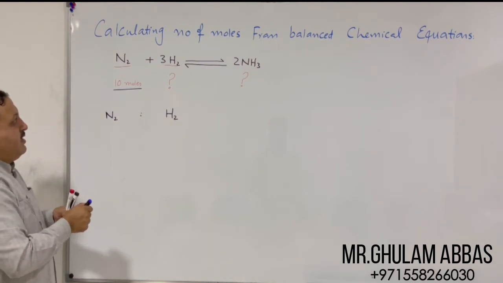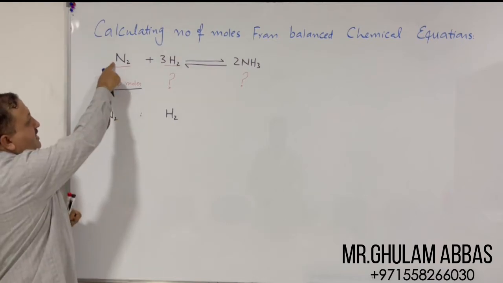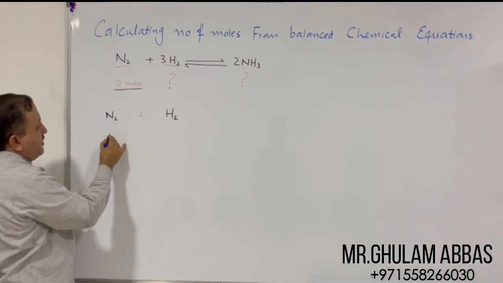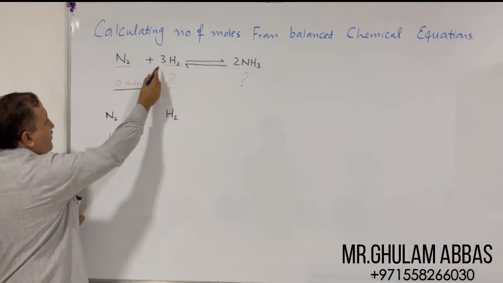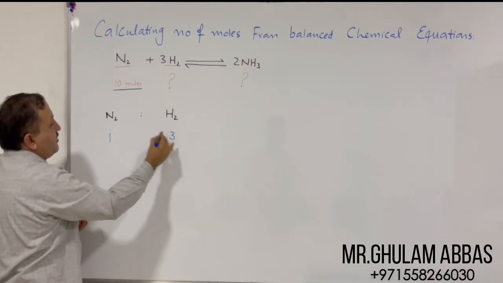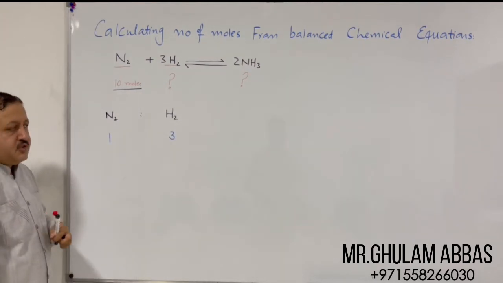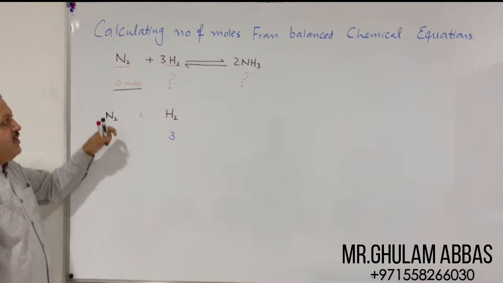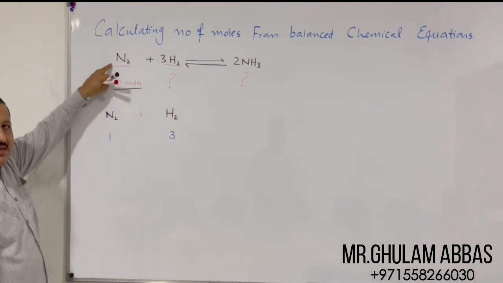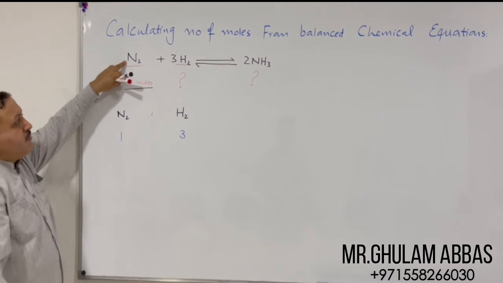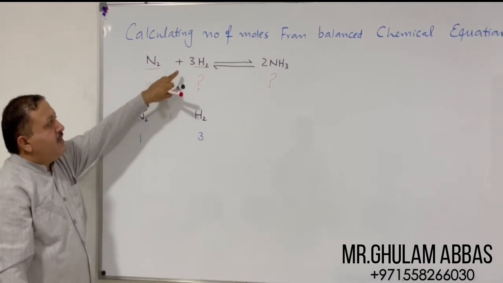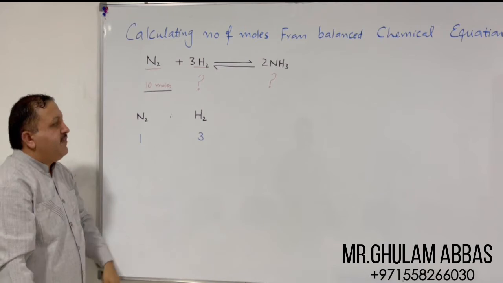Next point is, according to balanced chemical equation, 1 mole of nitrogen reacts with 3 moles of hydrogen. So in first step, we will write the number of moles from balanced chemical equation. In this equation, 1 mole of nitrogen is given, 3 moles of hydrogen are given.